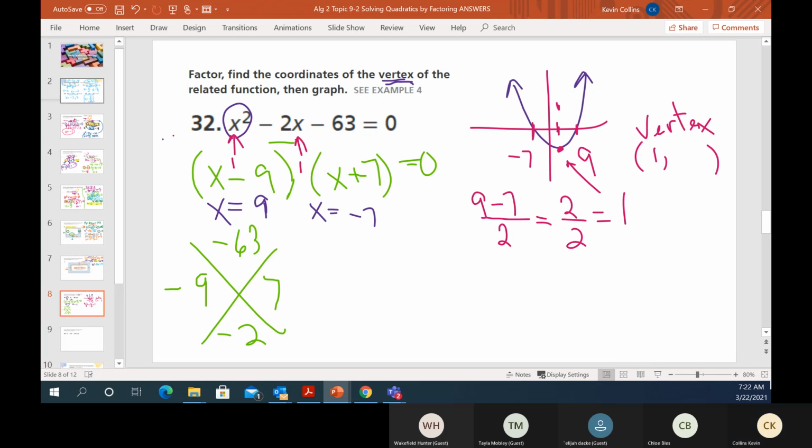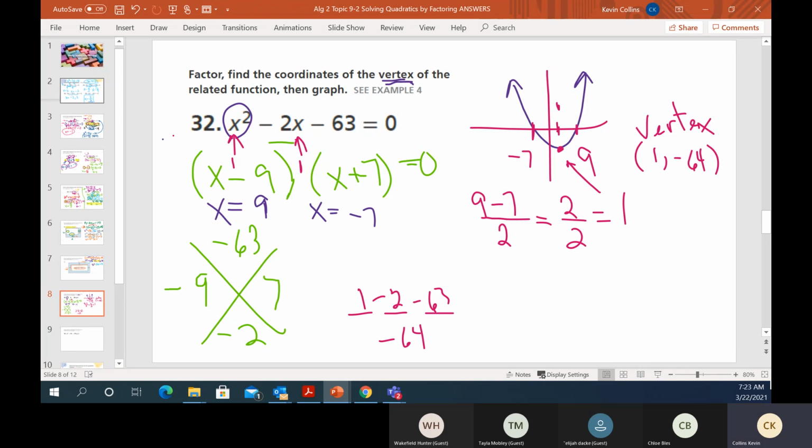So 1 times 1, that's 1 squared, still 1. Minus 2 times 1 is minus 2. And then we got minus 63. Whoa. So we add these together. Minus 63 and minus 2 more is minus 65. Plus 1 moves us back up to minus 64. So our second value is minus 64.